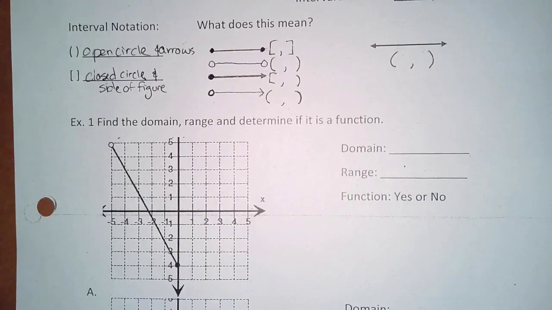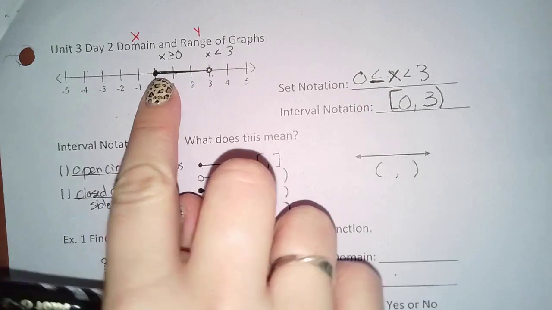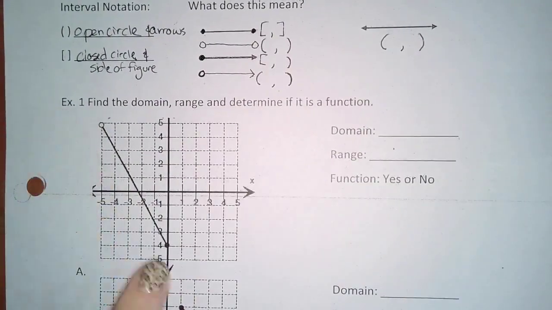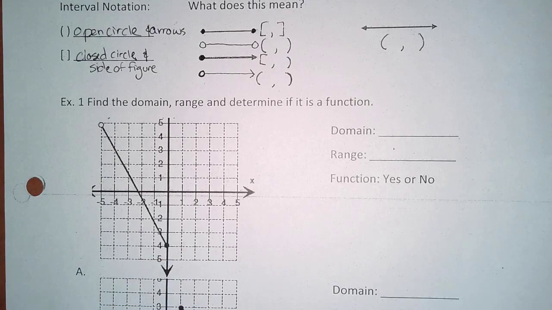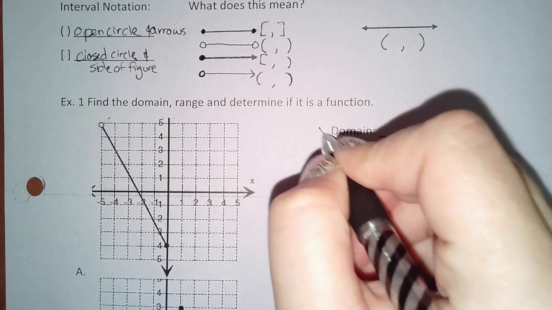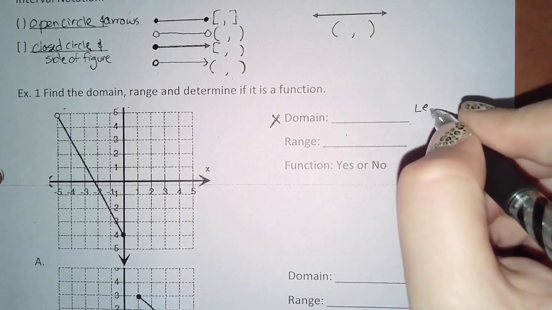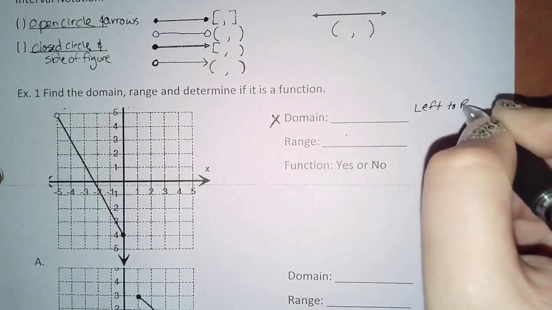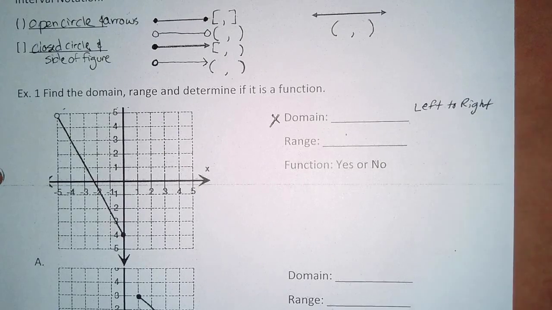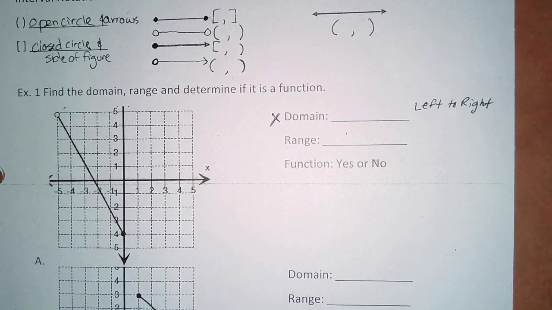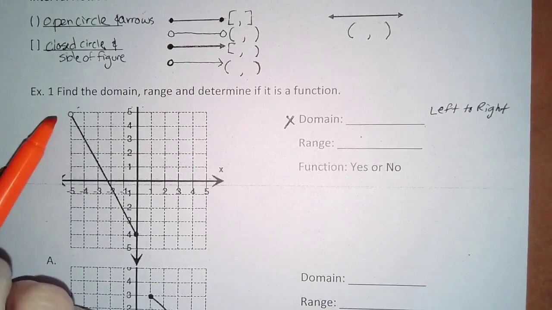So I'm writing domain and range of this function, so of this graph. This time I'm not being given just numbers on a number line. I'm being given some kind of shape here. So first, when I find domain, I'm thinking to myself, we're going to go left to right. So I'm going to grab a highlighter, and I'm going to show myself, okay, the furthest point to the left is right here.